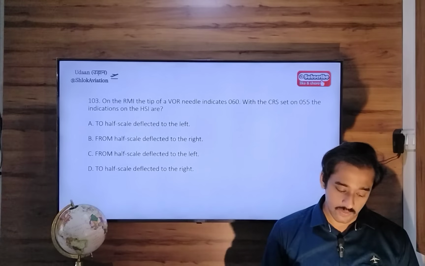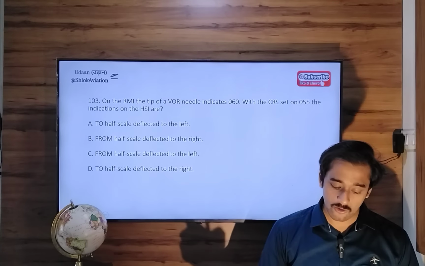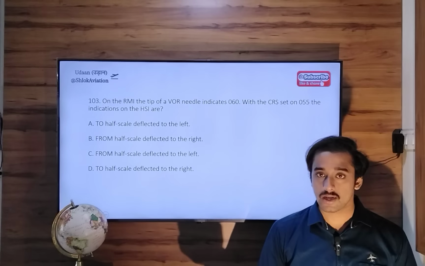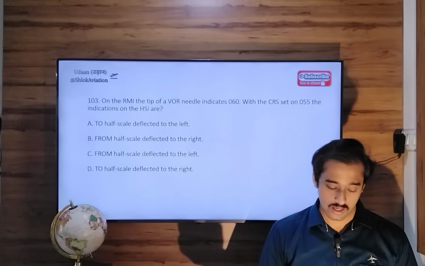Question 103. On the RMI, the tip of a VOR needle indicates 060. With the course set 055, the indications on the HSI will be what? Now your RMI instrument gives you three pieces of information.